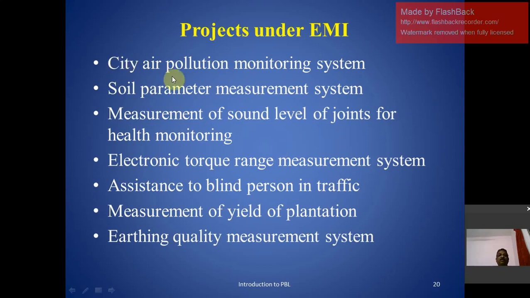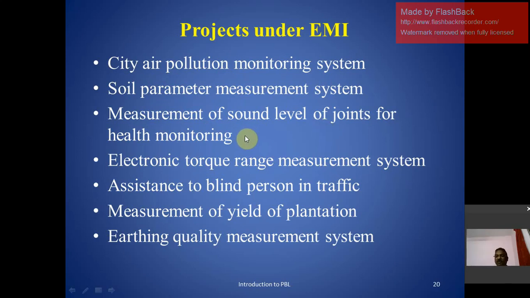The first one is the city air pollution monitoring system, where you have to monitor the air pollution. Then the soil parameter measurement system. This is the second one. Then third is measurement of sound level on joints for health monitoring.